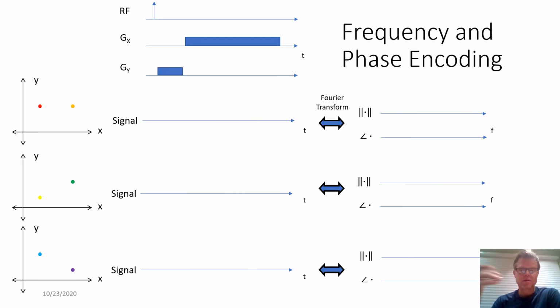Next, we are going to add in this phase encoding gradient. So what is this going to do? We're still going to have, during our frequency encoding gradient, at this time interval here, a frequency of gamma bar gx naught times x.